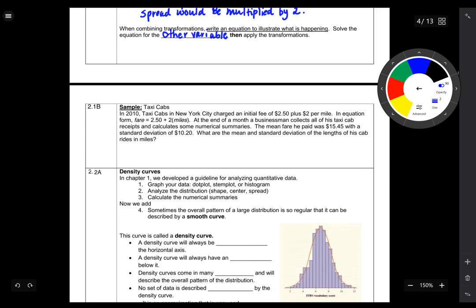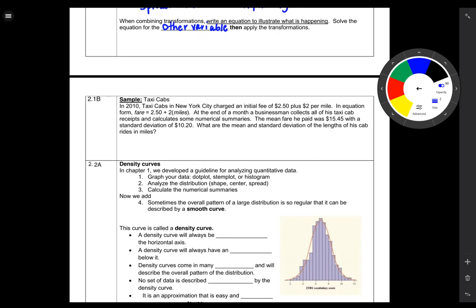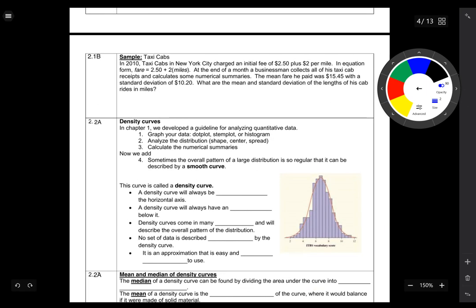So if we look at the equation form, the fare, so that would be $15.45 is equal to 250 plus 2 times the number of miles. And let's just use the variable m. Subtract 250 on both sides.